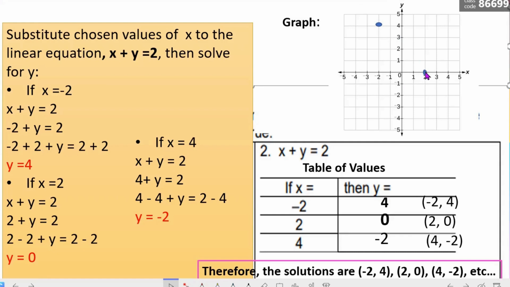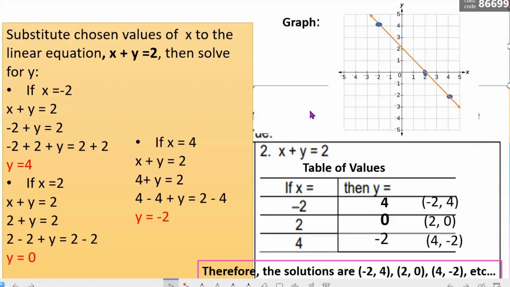And the third is 4 comma negative 2, so that's 1, 2, 3, 4, and y is negative 2, negative 1 and negative 2, so it should be plotted here, and that is joined, forming a straight line. That is now the graph of our equation x plus y equals 2.